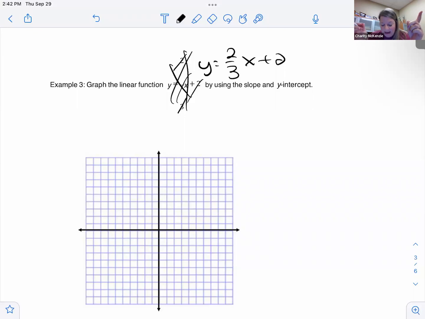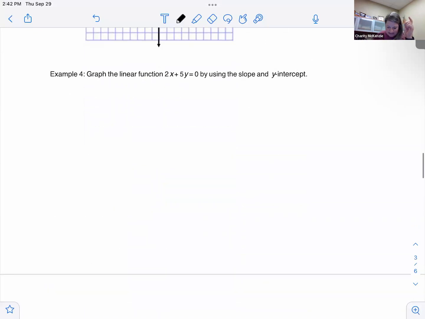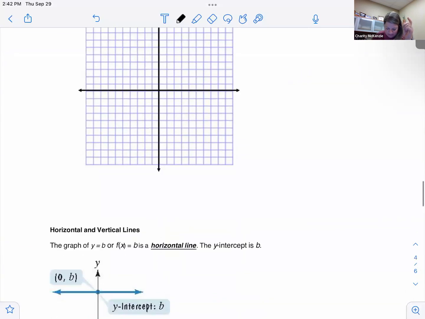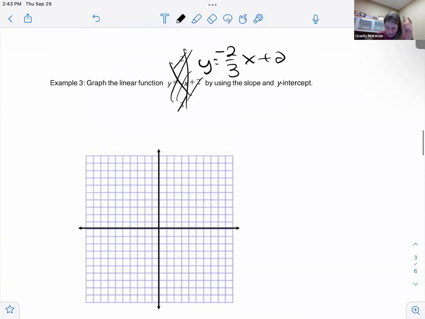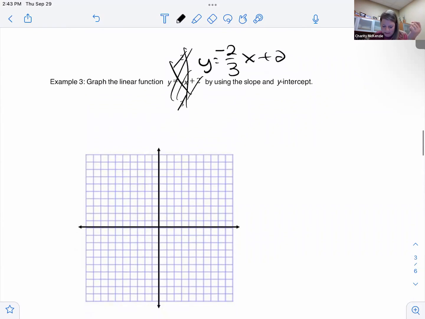So we look at this one. I'm actually going to change this even more. I'm going to change this to a negative, unless I have another one with a negative. I don't. Okay. All right, because we haven't done a negative slope, so I want to do that. You can put the negative in front or with the 2. Same thing. So this says it has a y-intercept at 2.